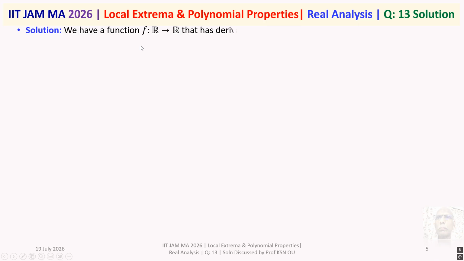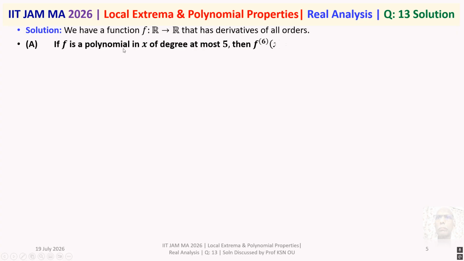We have a function f from the set of real numbers to itself that has derivatives of all orders. Option A: if f is a polynomial in x of degree at most 5, then the sixth derivative of f will be 0 for all x belongs to R. It's a very straight question. As this is a question addressed to B.Sc students, we will do it in their own standard way.